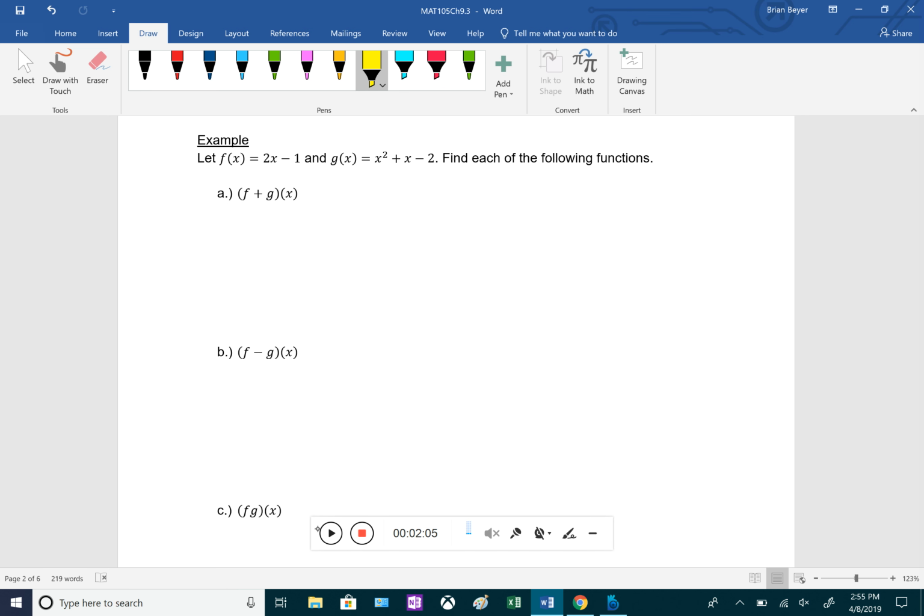We have f of x is 2x minus 1, and g of x is x squared plus x minus 2, and we want to find f plus g of x. All this means is f of x plus g of x. So all we have to do is add these together.